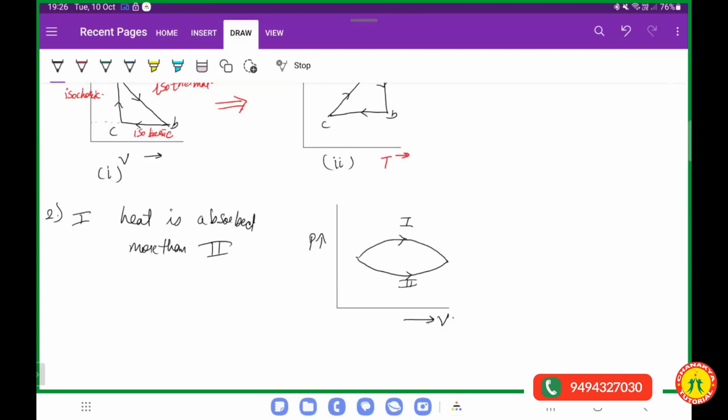Why? How can we say that? Because of the area under this curve. If I draw this area under the curve, this is more as compared to these green lines. So make a note of it also, because area under 1 is greater than 2.